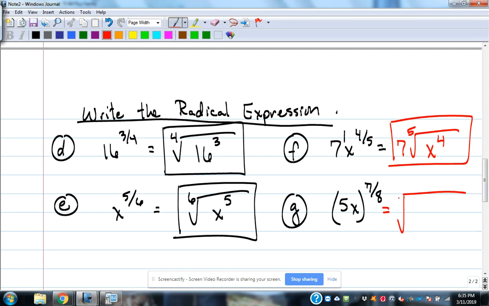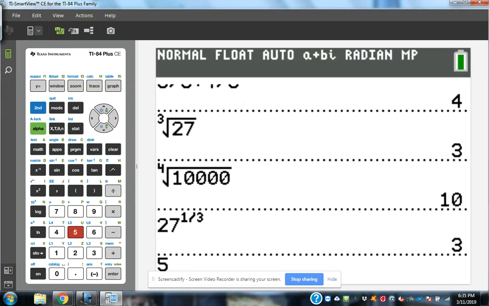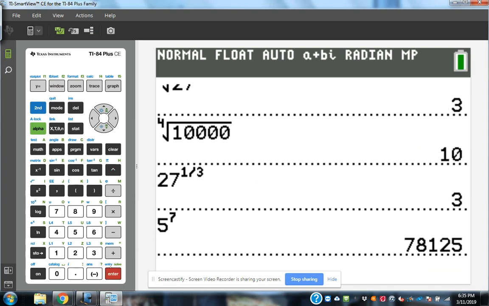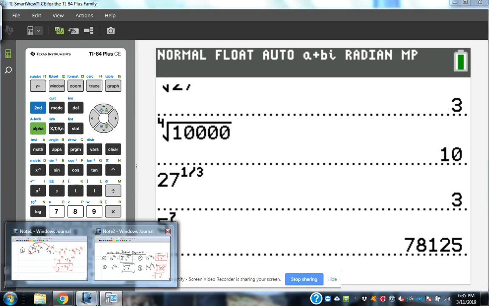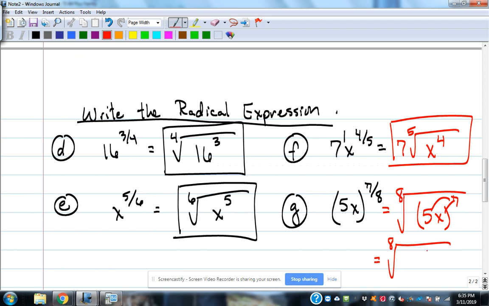What's the index on the outside? 8th root of 5x to the 7th power. Notice I put the parentheses in there. It matters. Okay. Now, if I wanted to simplify that out a little bit and still have it as a radical expression, what's 5 to the 7th power? I don't know. I don't have that memorized. 78,125. I need a little more room there.